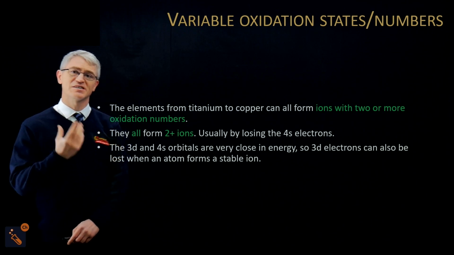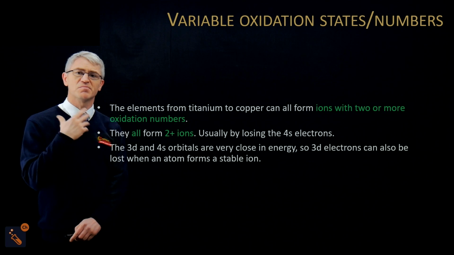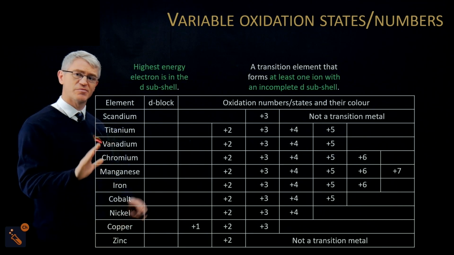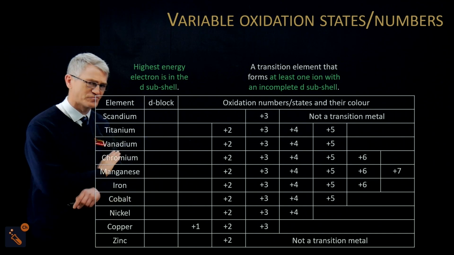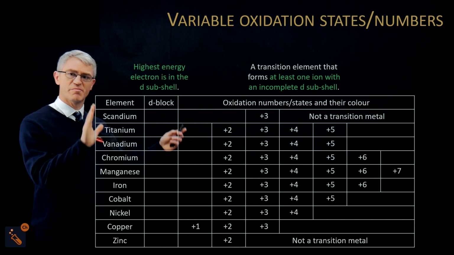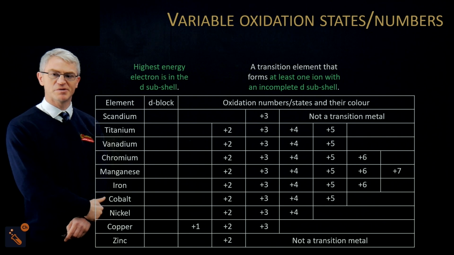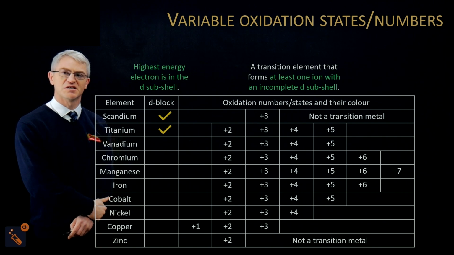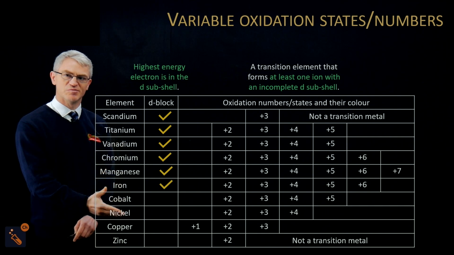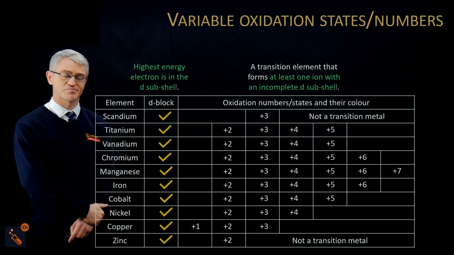And that's how you get all these different oxidation states and numbers. So here is my diagram of all of these charges. Now, I don't want you to think for 1 second that you need to remember all of these charges. We'll go through the ones you need and we'll make it look a little bit better as we go. So we've got d block elements. These are all d block elements because they all have their highest energy electron in the d subshell.